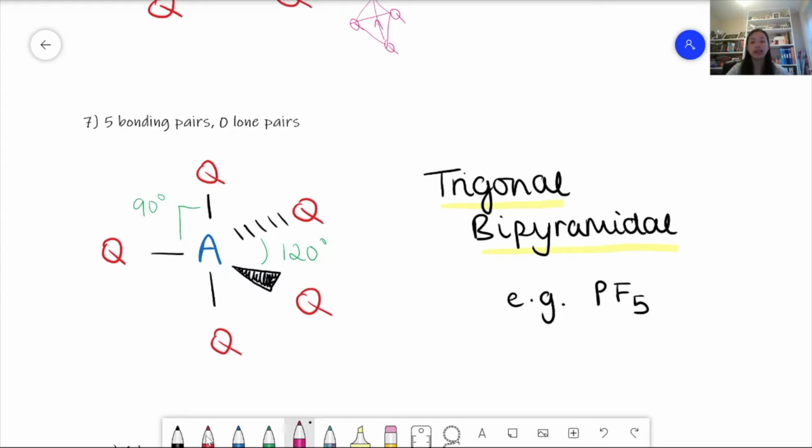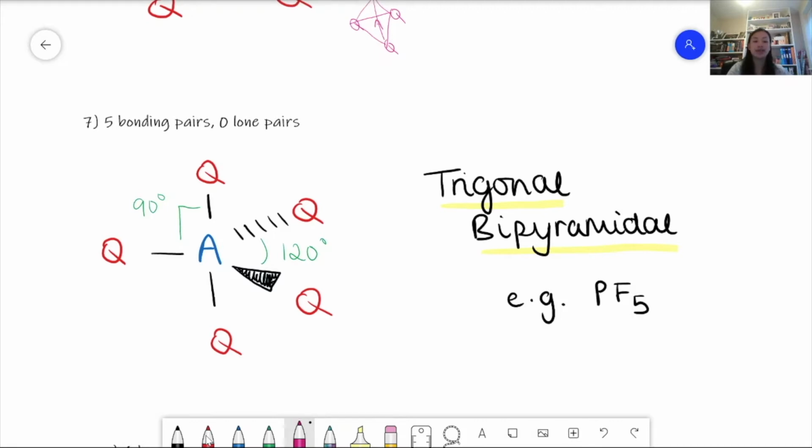So this angle here is 90 degrees just because of the way it's shaped, and because this bit is like the planar bit, the triangular bit. So if you divide that whole circle by 3, it'll be 120 degrees because they all repel each other by the same amount. And this is called trigonal bipyramidal, which basically means 2 triangular pyramids.